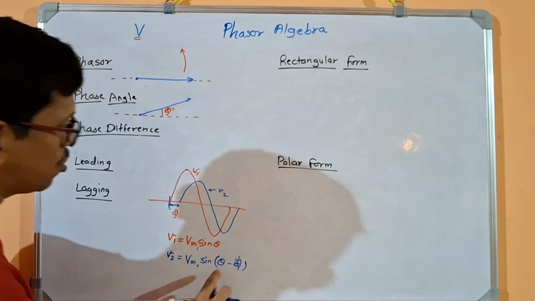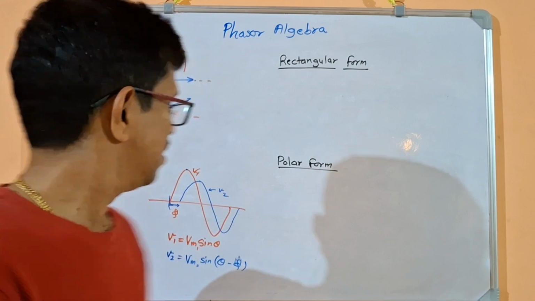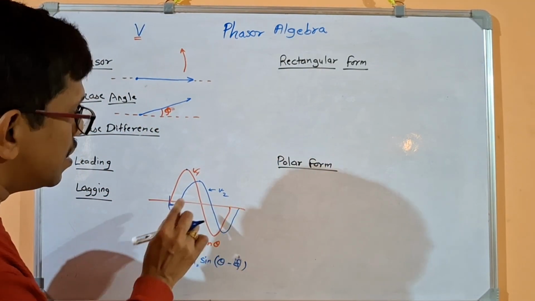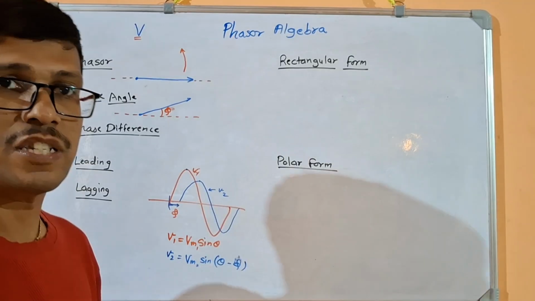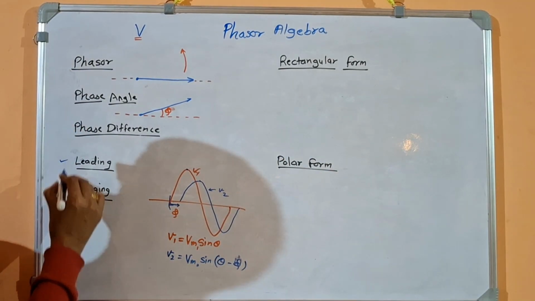Because it is starting after phi angle with respect to the reference phasor, म्हणून phi ने तो मागे आहे. जर हा अगोदर सुरू झाला असता रेफरन्स फेजरचा तो प्लस फाय झाला असता, आणि त्याच्यावरच कळतं लीडिंग आणि लॅगिंग.